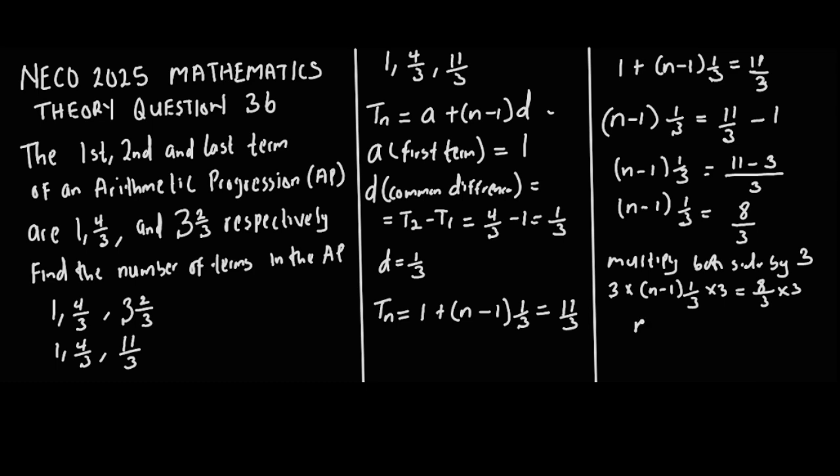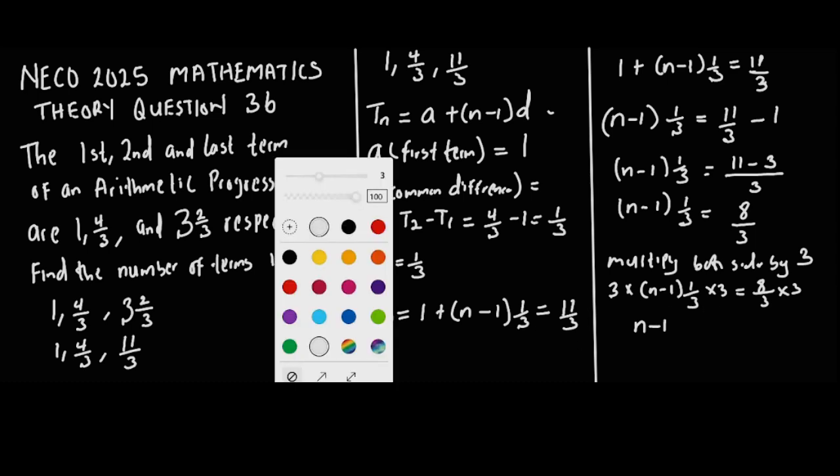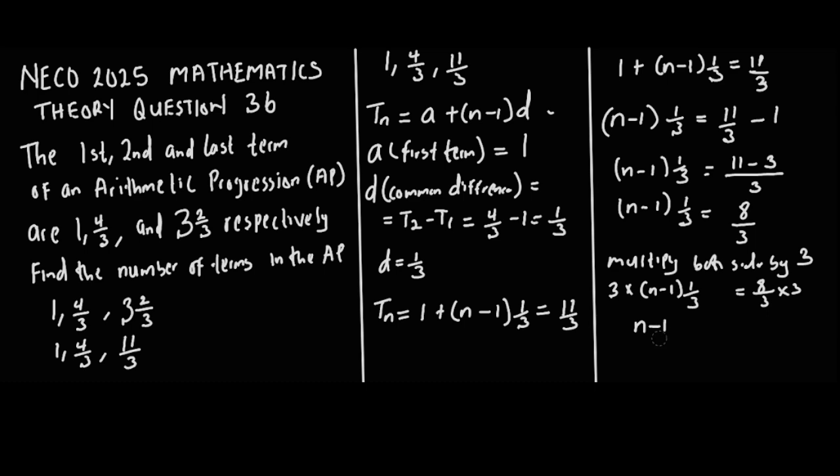So we have n minus 1, this 3 will cancel out this 3 here, equals 8. I have n equals 8 plus 1. In that case, we are going to have 9. So the number of terms is 9. That means we have 9 terms in this AP.